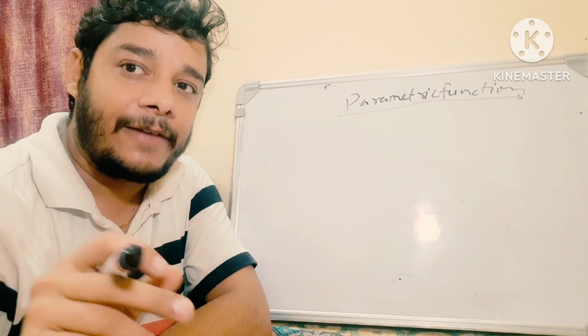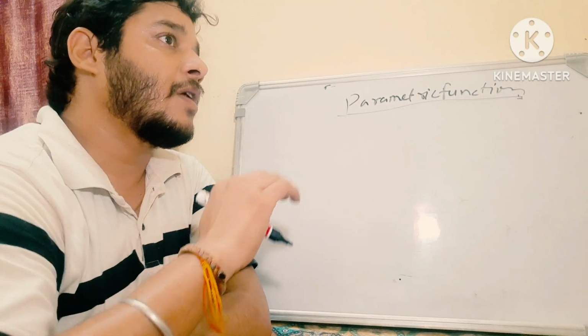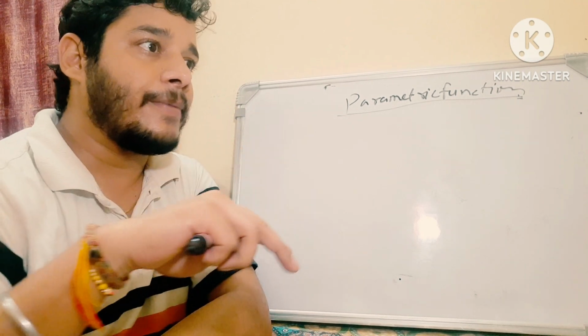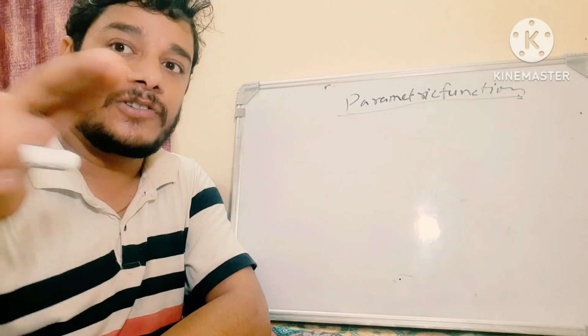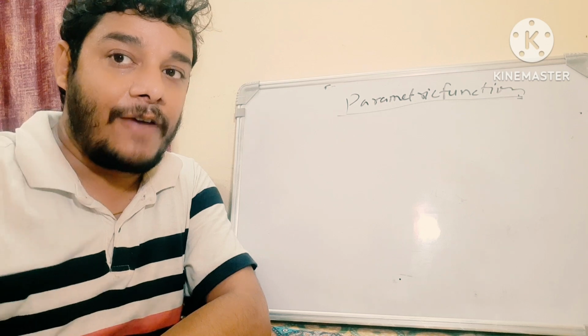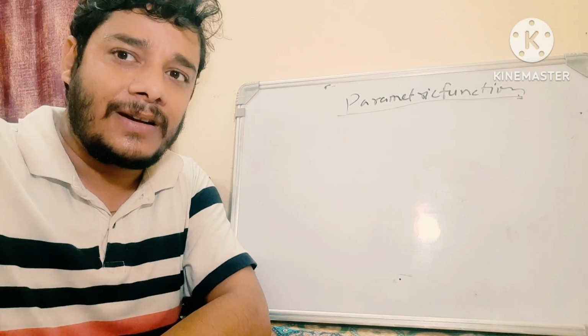See, in a parametric function, basically two variables depend on one variable. The values of the two variables depend upon one single variable.